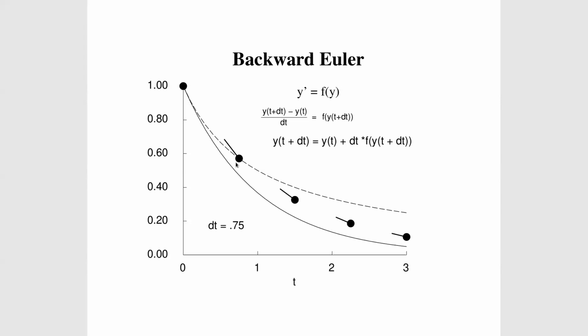And backward Euler lags a bit behind the analytical solution, but it's always stable. It also is a bit more complicated to solve, because we have to solve this equation, okay? That requires an evaluation of this function at future values.